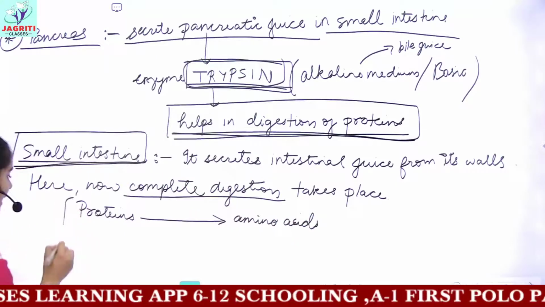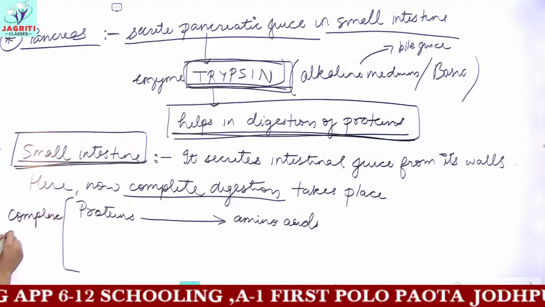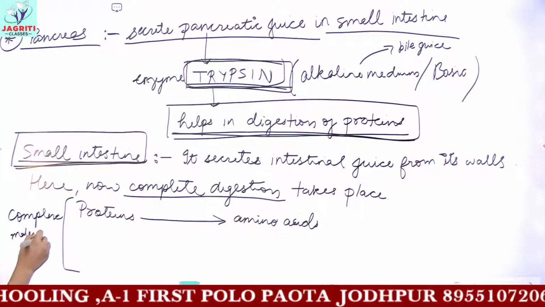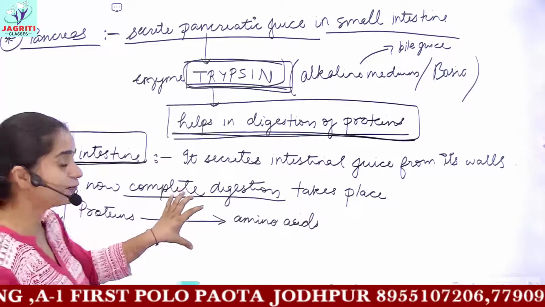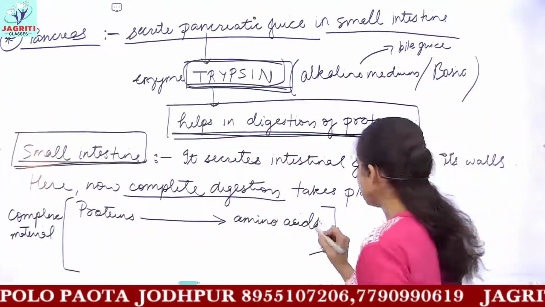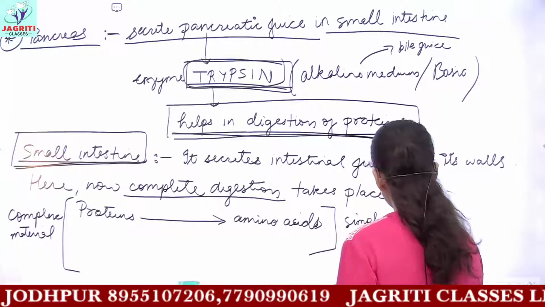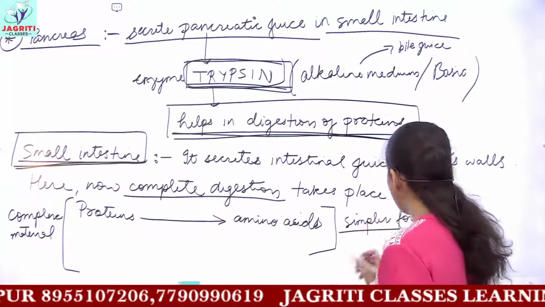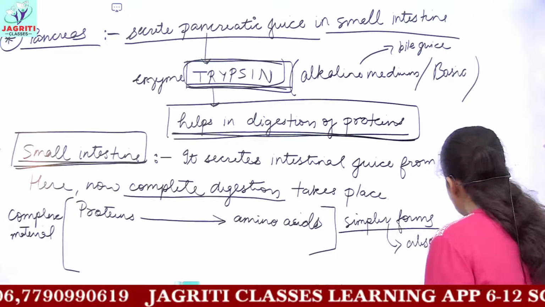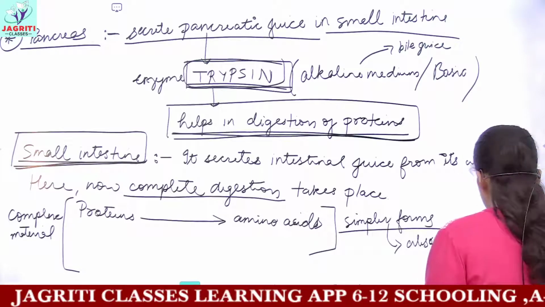So what we are writing on the left hand side are your complex, undigested or partially digested material. And as a result of complete digestion, the products which you are getting on the right hand side are the simpler molecules. These are the simpler forms, and in turn these simpler forms are now absorbed by the body. Okay?